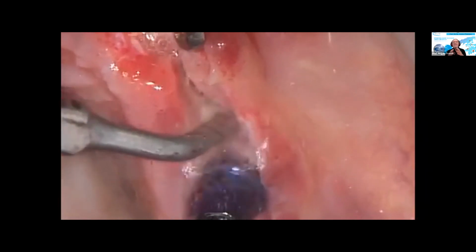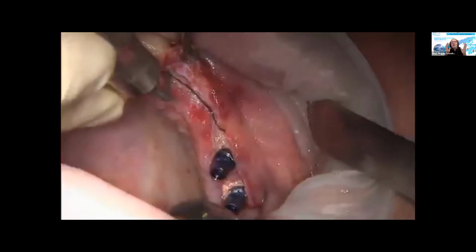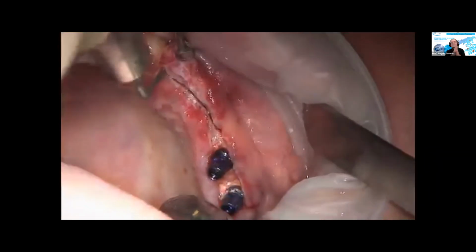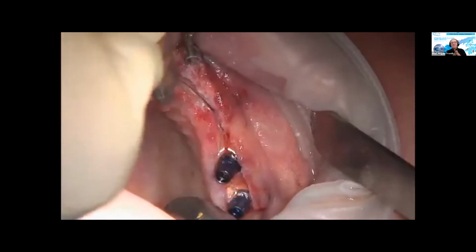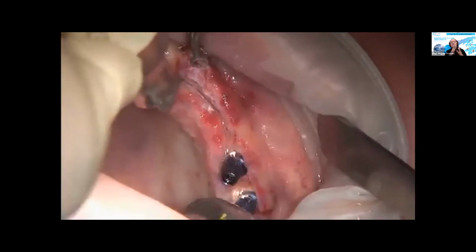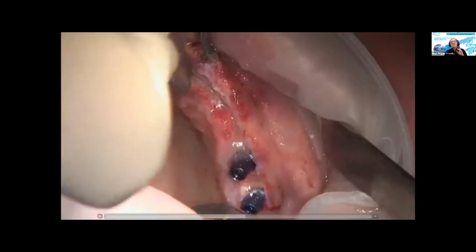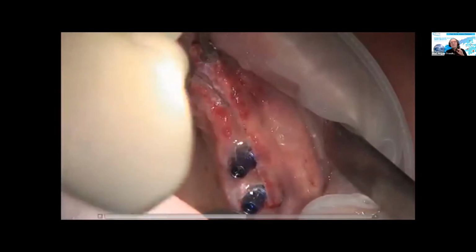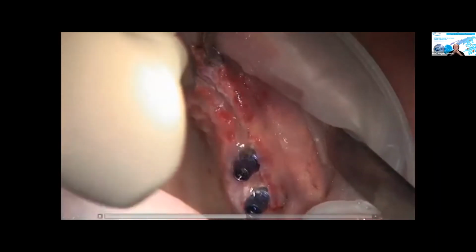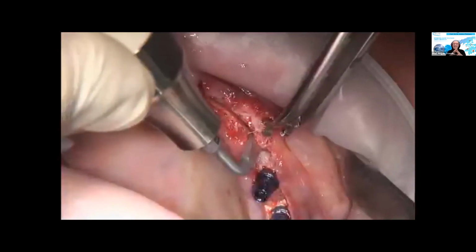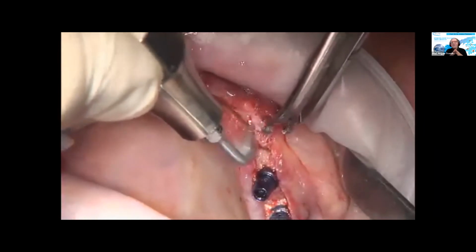Because if you do not do this and you just try to squeeze open the crest split bone without these relief osteotomies, you will for sure endure undesired accidental vertical fractures in the maxilla. Actually, it doesn't compromise the bone healing as long as they are connected to the bone.